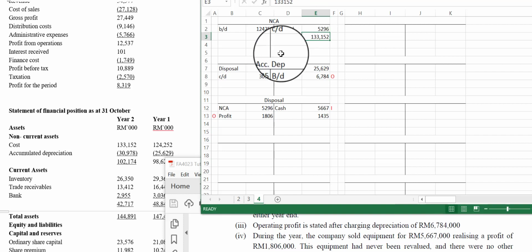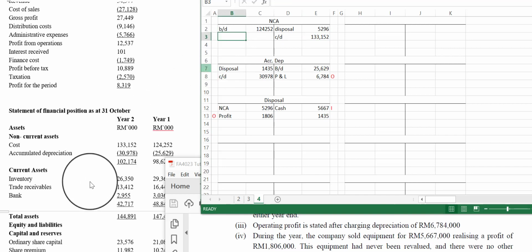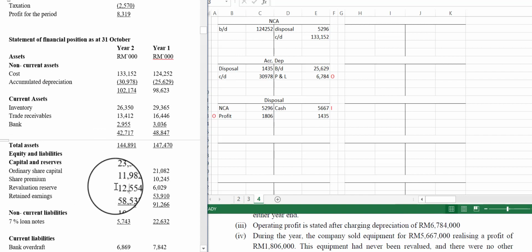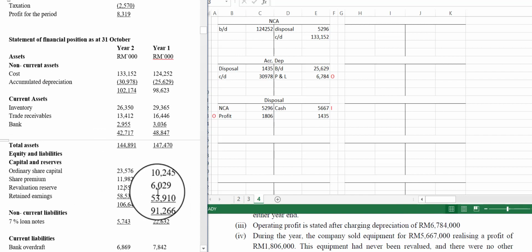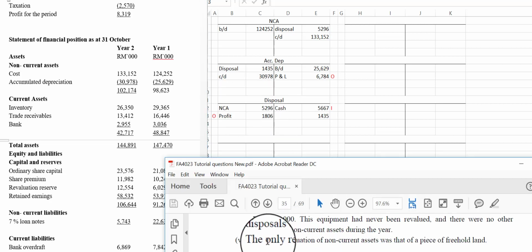Now here again we say you have two possibilities. What are the possibilities? One is your purchase, another is your revaluation. If you look at your accounts, you have a revaluation increase. There is an increase in your revaluation. Refer to your notes: the only revaluation was on a piece of land.